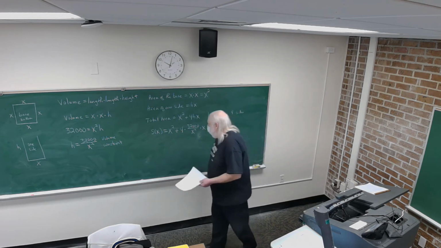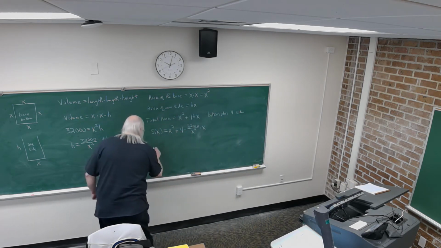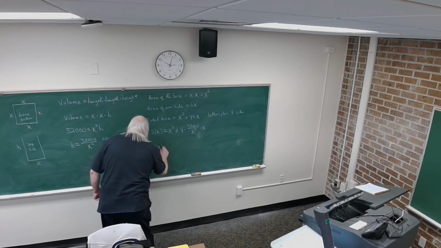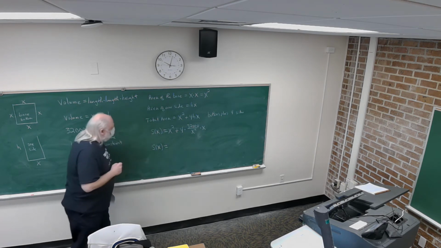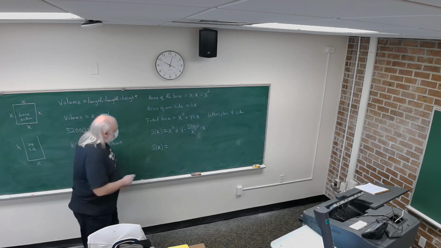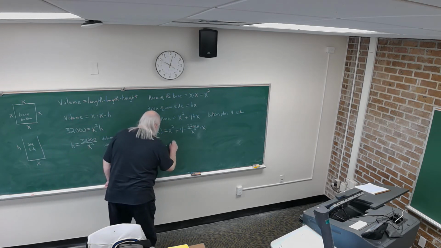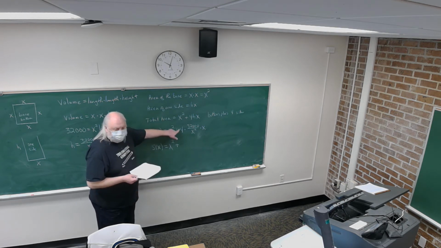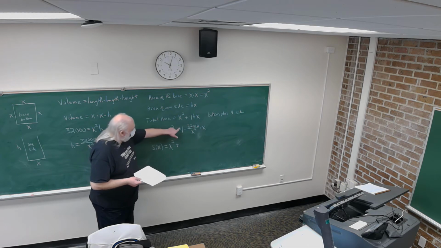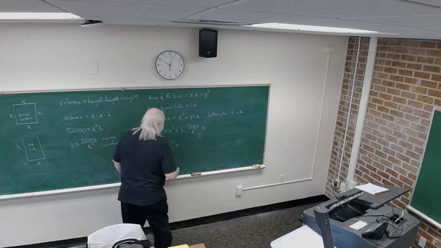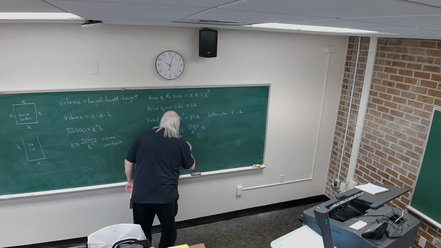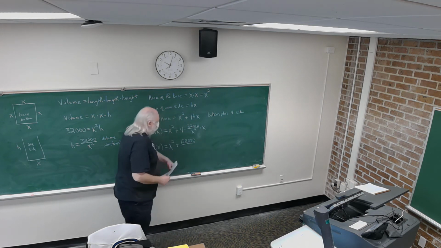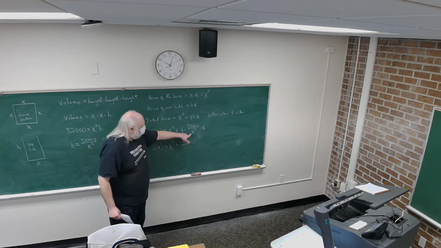Okay. And now we simplify. Total amount of wood needed to build this box is equal to x squared plus, now, 4, same as 4 over 1. So 4 times 32,000 is 128,000, over x, right? X squared, same as x times x.